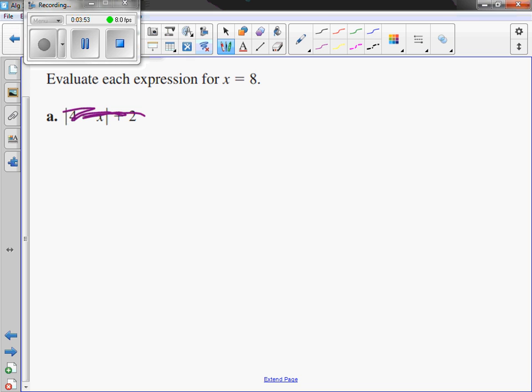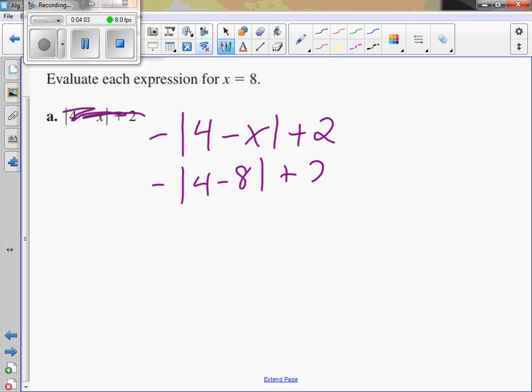And so if we said negative, the absolute value of 4 minus x, plus 2, if we said this was what we wanted. So 4 minus 8 would still be the same. So 4 minus 8 would give us negative 4. So the absolute value of negative 4 is still 4, yes? But the negative on the outside is still there, making it negative.